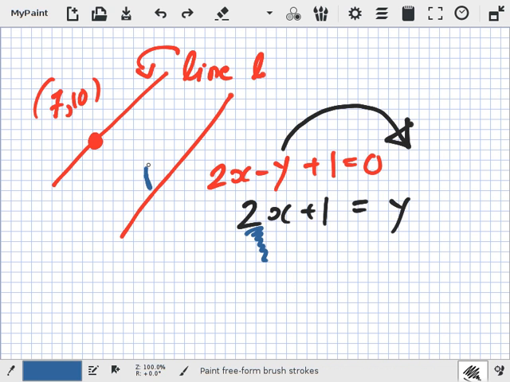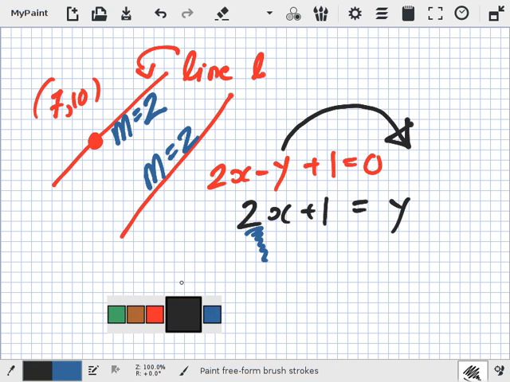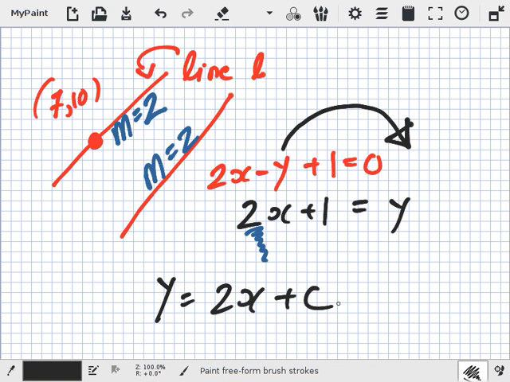So if this one has m equals 2, then what is this one? 2. Because it's parallel. Okay, we're doing good. Now we have y equals mx plus c. So how do I find c? Substitute this point, it's the only point I have.